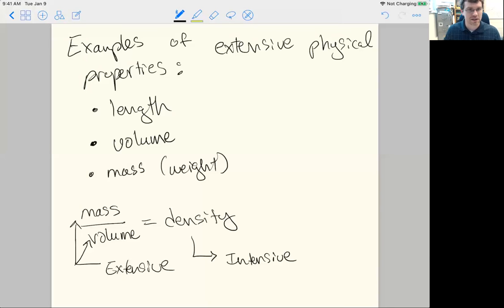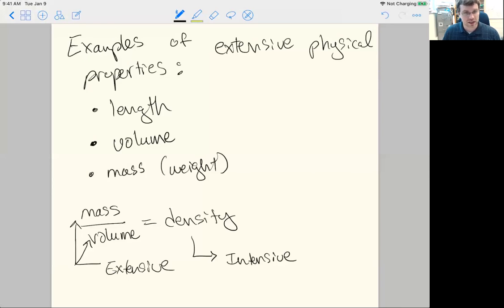Now, it could change based on how you're manufacturing the gold ingot. So I don't want to put it down here as an intensive physical property, but thinking about taking properties and dividing them by something, maybe another extensive physical property, or dividing it by a common unit, that's a really good thing to pick up on. Okay, so we see that we can have a ratio of extensive physical properties to get to an intensive physical property.